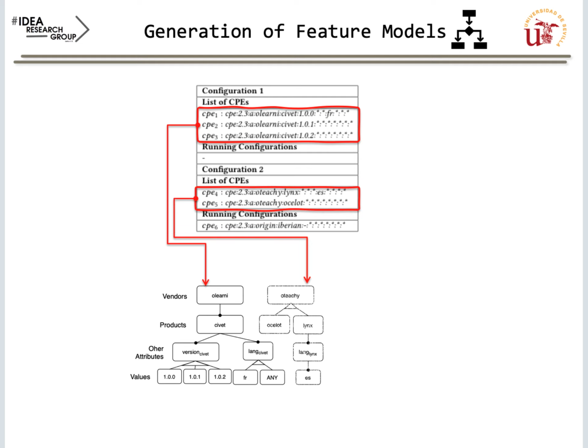And similarly, we build the other submodels. And the second part is focused on the restriction of this model based on the characteristics of each configuration.